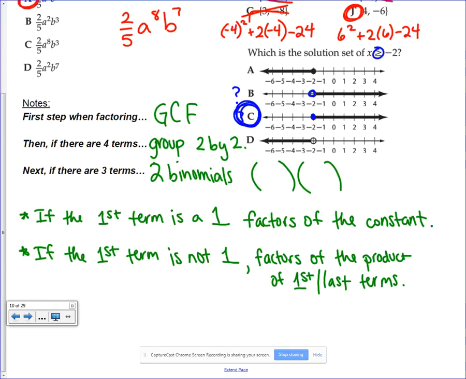So basically today, I'm going to give you both types of problems. I'm going to give you some that start with a 1 and are super easy, and I'm going to give you some that don't start with a 1 that take all that work that we did yesterday. Sound like a plan? Okay, we're going to jump around a little bit, okay?